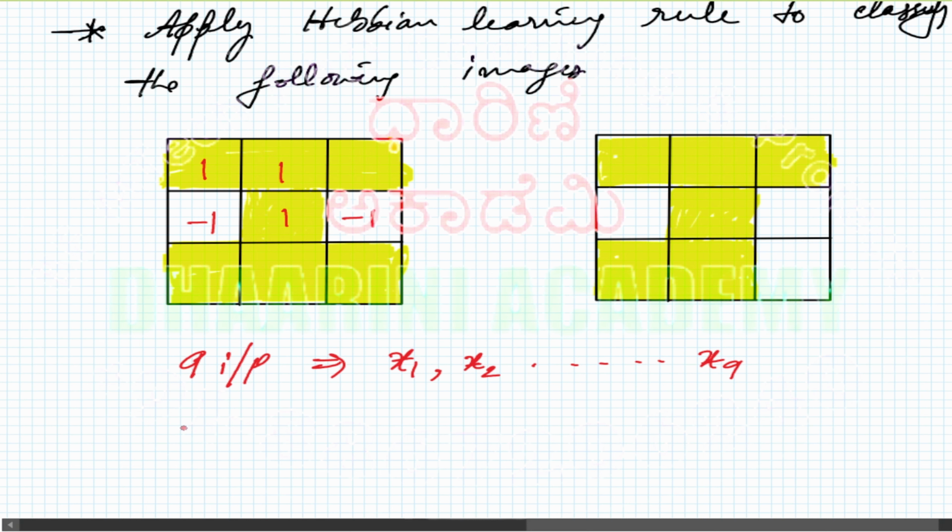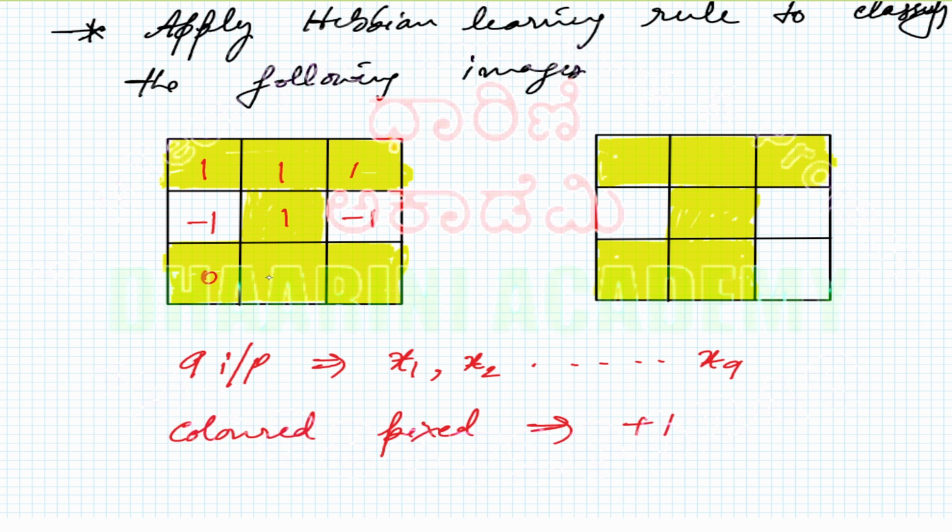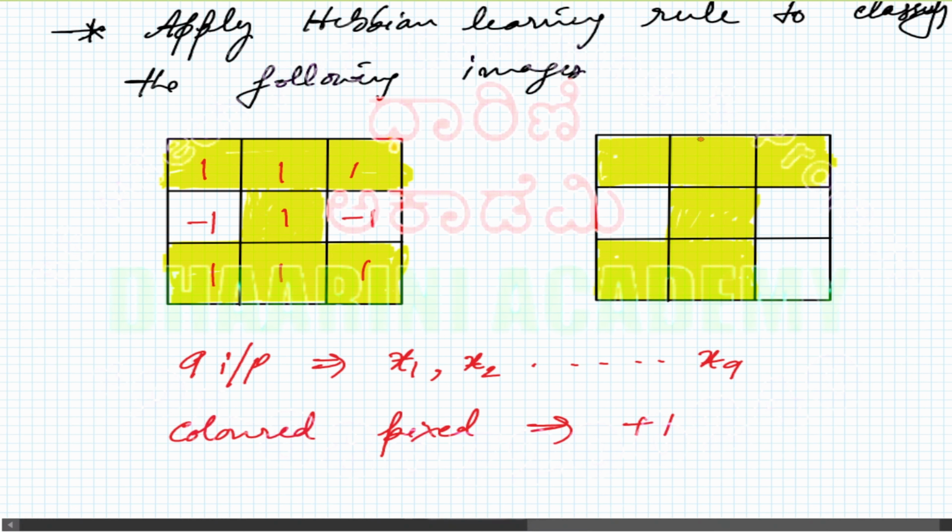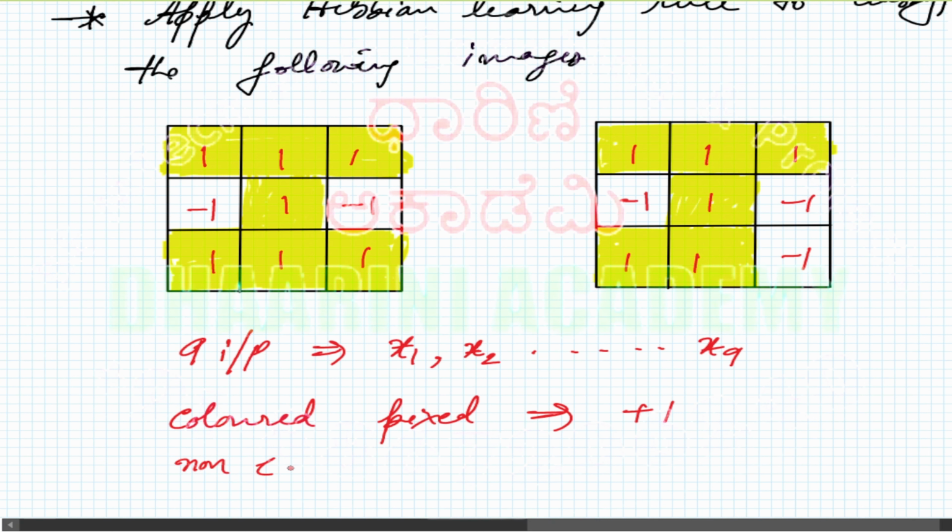A colored pixel indicates +1. Sorry, not 0, my mistake. It is 1 1 1. On the other hand, for the second class, you can see 1 1 1 -1 1 -1 1 1 -1. A non-colored pixel is -1.